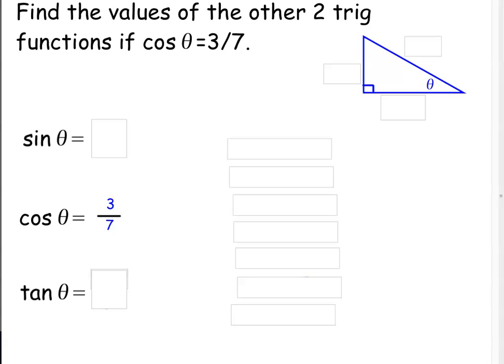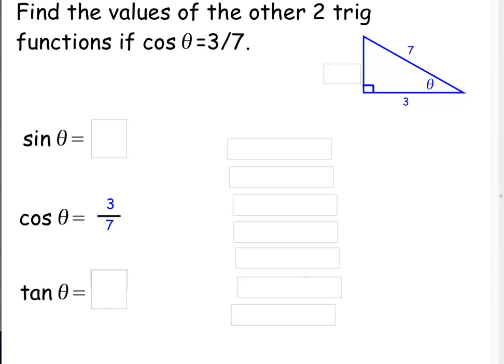So right away we know that for theta, the adjacent side must be 3 and the hypotenuse must be 7. Now we don't have a Pythagorean triple that involves a 3 and a 7. So we're going to have to go through the whole Pythagorean theorem to figure out our missing side.